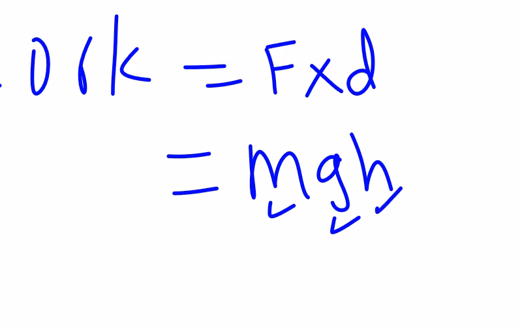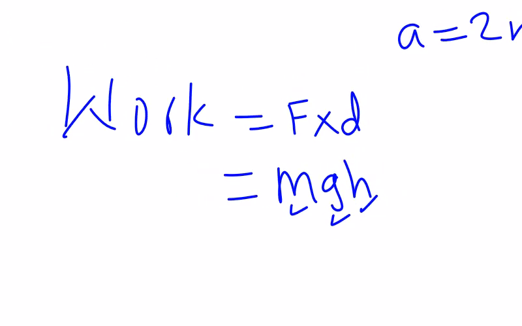That one is all about vertical motion, or something that is moving upward, or in the vertical direction. So this mechanical work is all about something that is moving from one point to another.